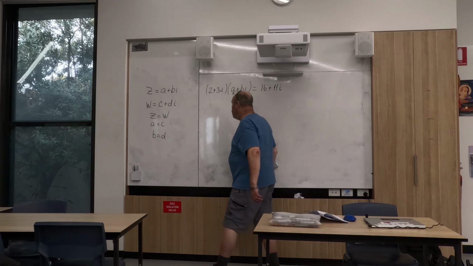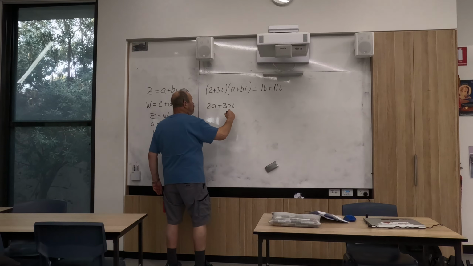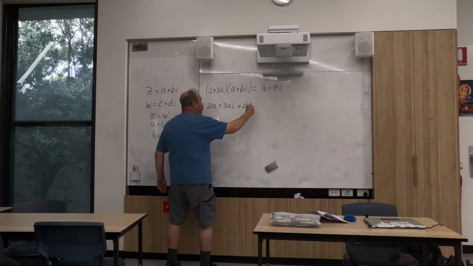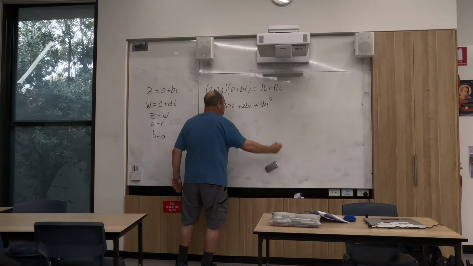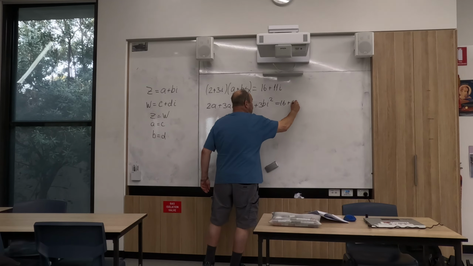So we need to expand these brackets. We have 2a plus 3ai plus 2bi plus 3bi squared equals 16 plus 11i.